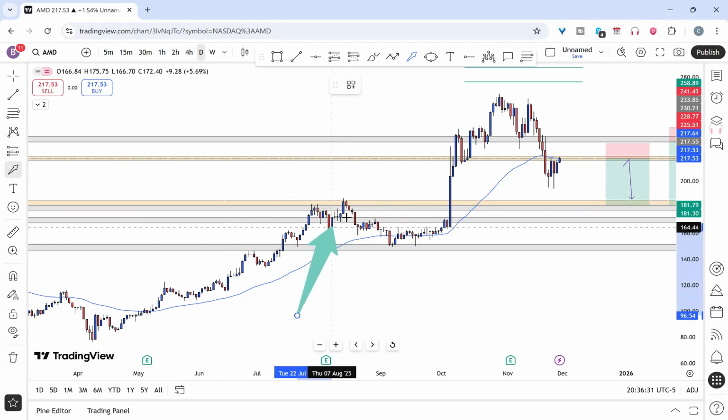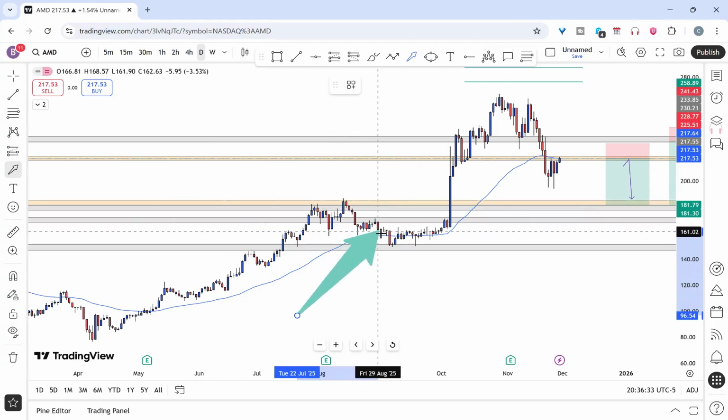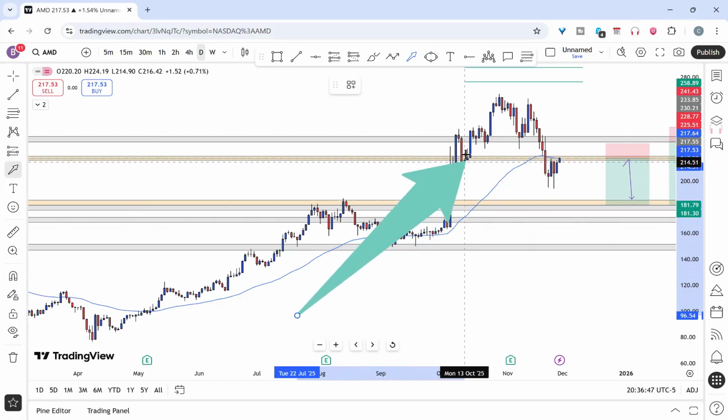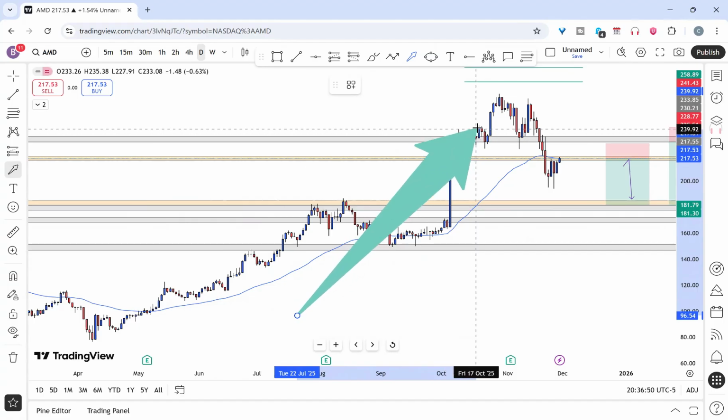Once the higher low breaks through, then we consider it a bearish trend, in which we say lower high and lower low, right? And then we have another higher low, higher high, higher low, higher high.